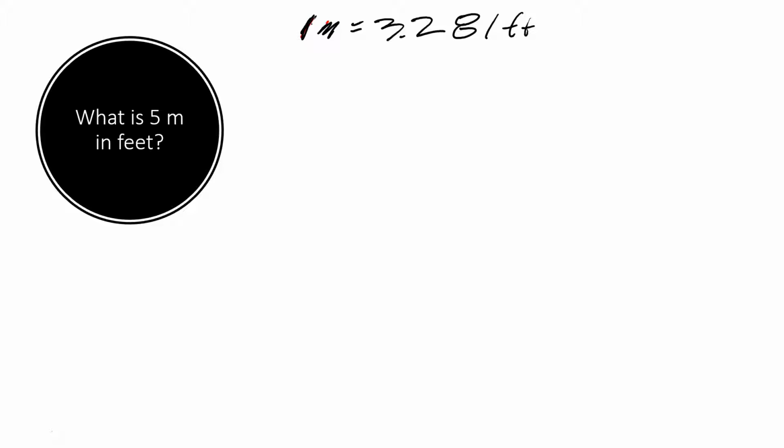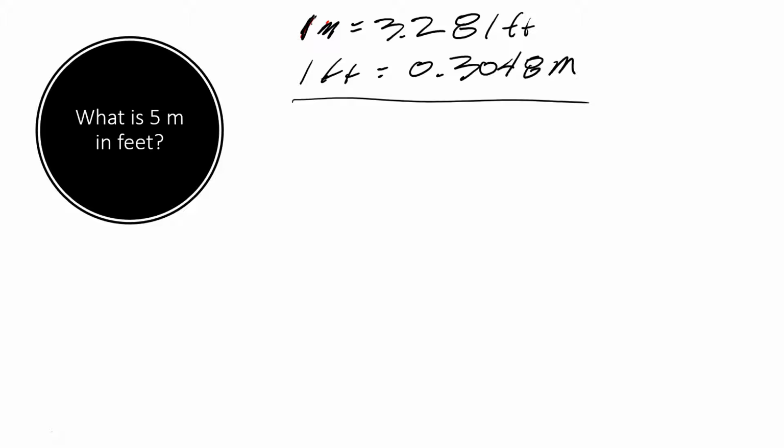We also know that 1 foot equals 0.3048 meters. All right, so we're going to use both of them, and the reason I'm showing you both is because it's frequently the case that your conversion chart may have one or the other and not both. This is just to help you understand the concepts a little better.